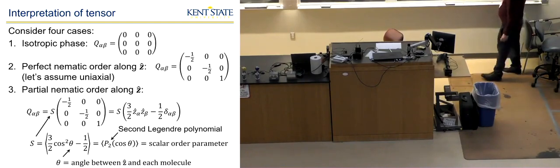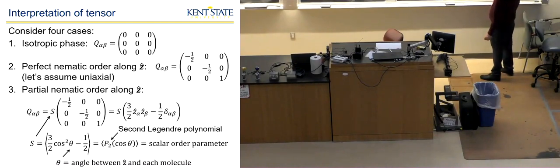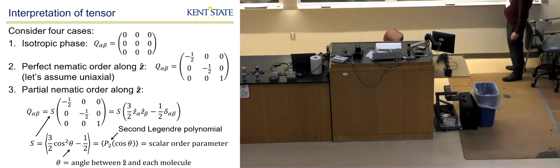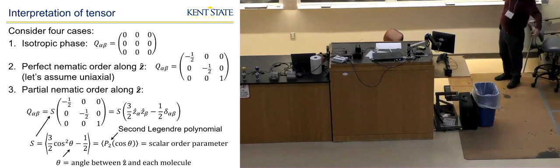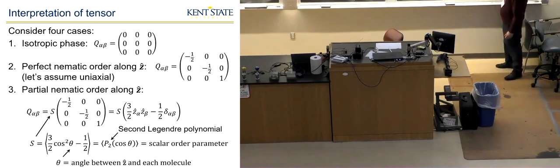Well, if you take the trace of this tensor, that is Lx squared plus Ly squared plus Lz squared, it's a unit vector, right? So for any molecule, the trace is going to be the L vector squared, which is 1. Okay, Lx squared plus Ly squared plus Lz squared is 1, and the average of 1 is 1. So these 3 averages have to add up to 1.